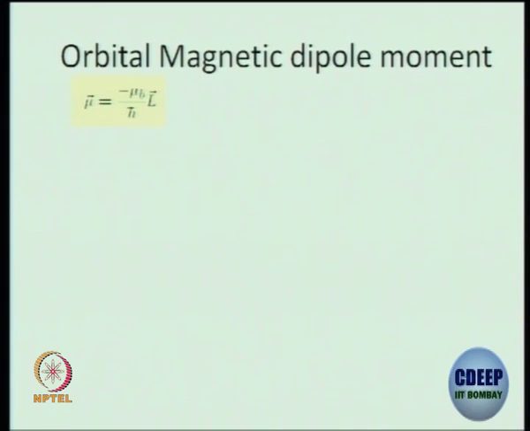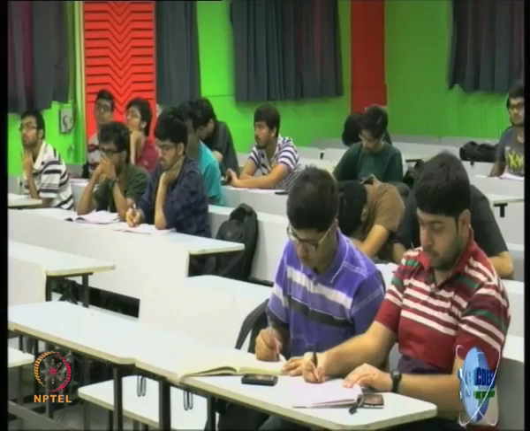Sure, you all know this, right? Bohr magneton multiplied by the orbital angular momentum is the magnetic moment, right? This is the Bohr magneton. L is the angular momentum.